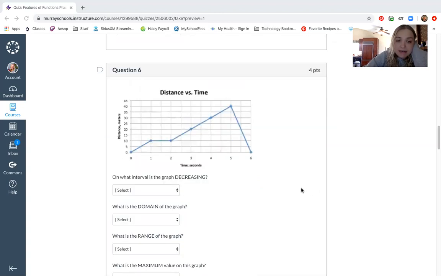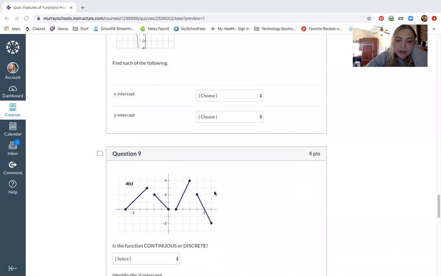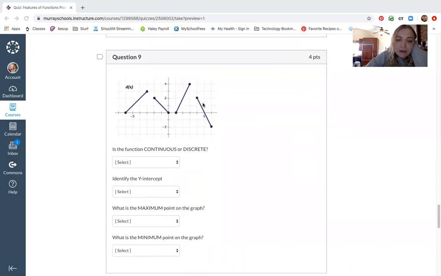So I believe, let me find one on here that's broken. Like this one, for example, number 9. Number 9, the range isn't technically broken, but the domain is broken. So on number 9, we would have to say from this point to this point, and then separate it from this point to this point, and then this point to this point, and this point to this point.